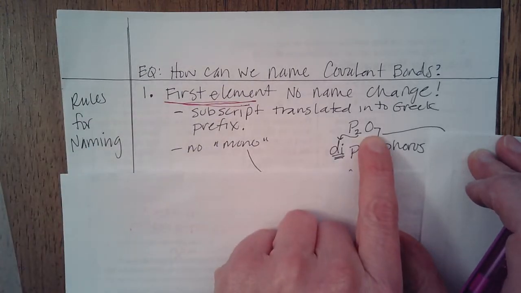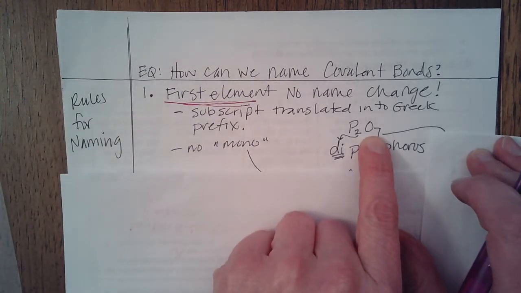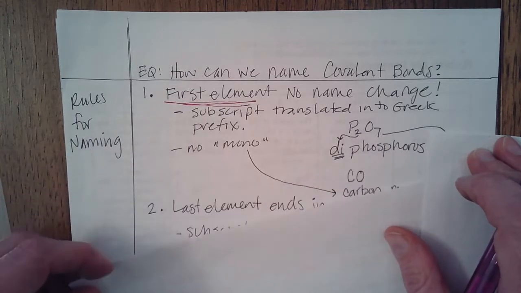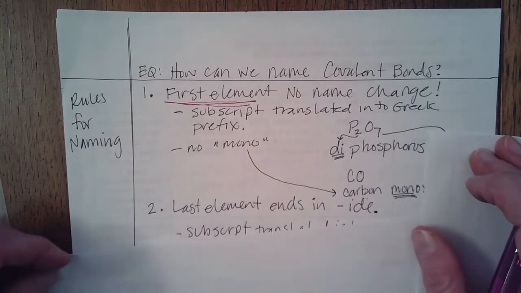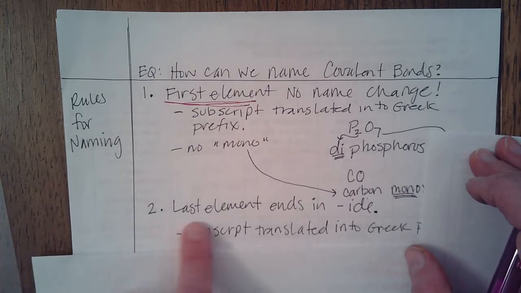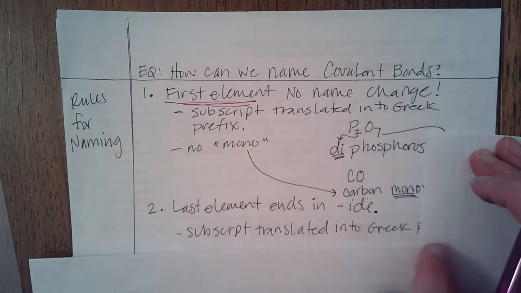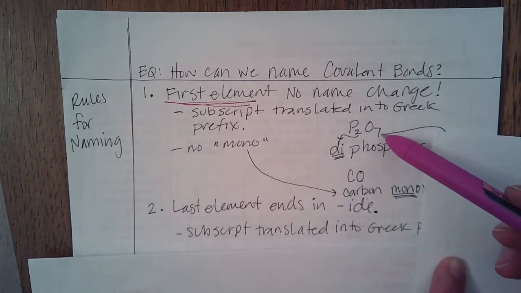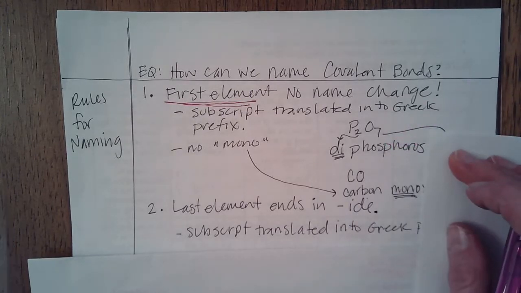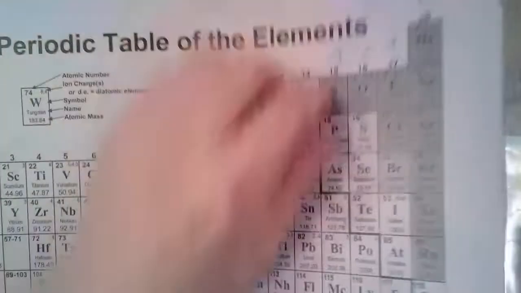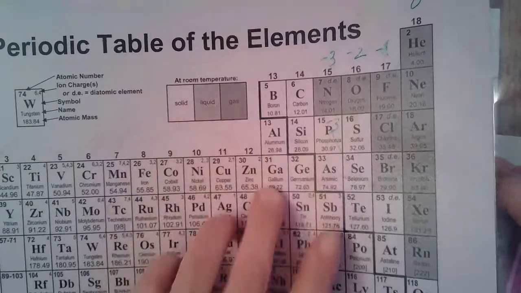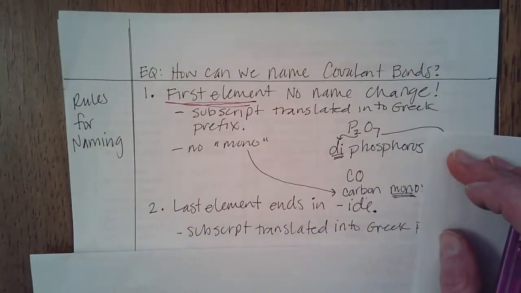For the second one right here, the last element always ends in ide. So if we have O7, that would be oxygen, but we know that's going to be oxide.